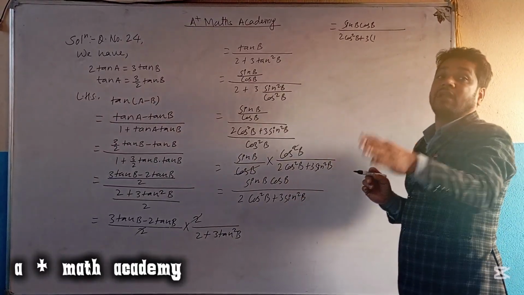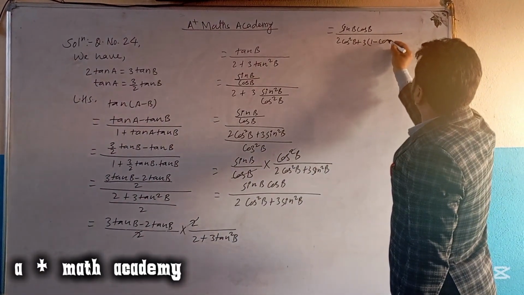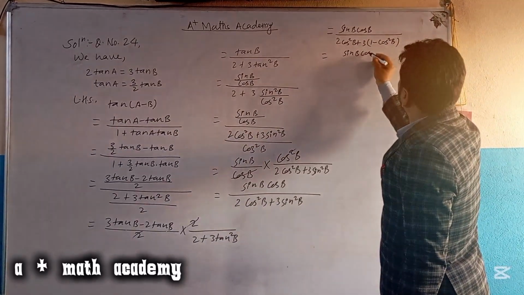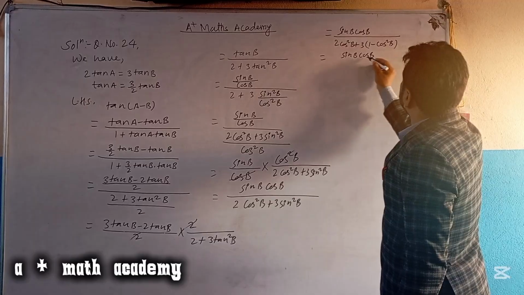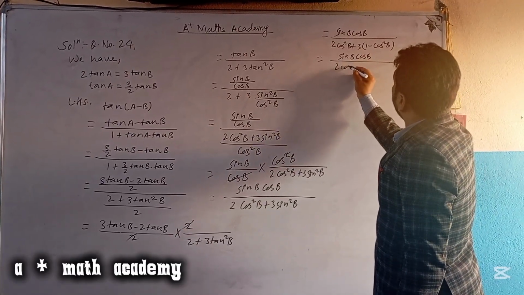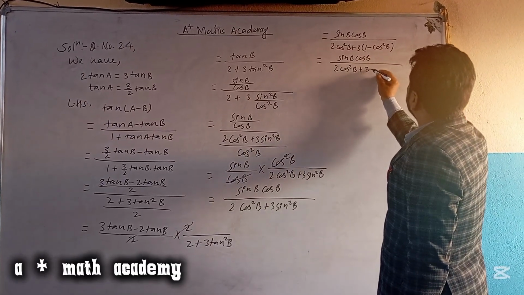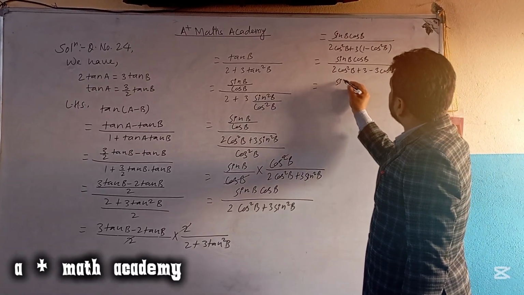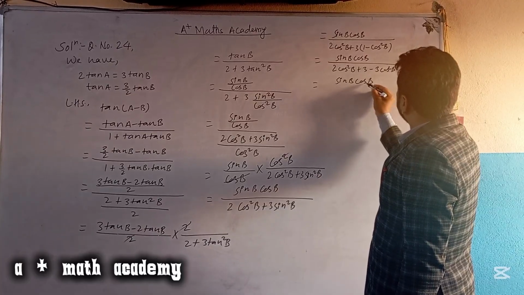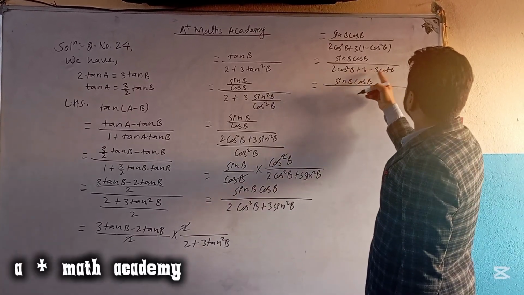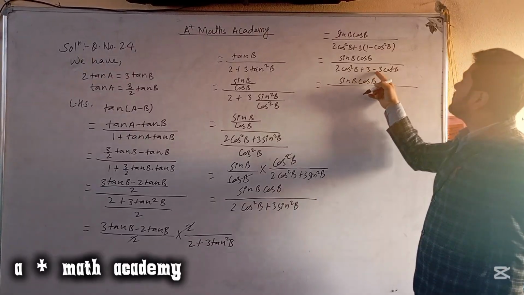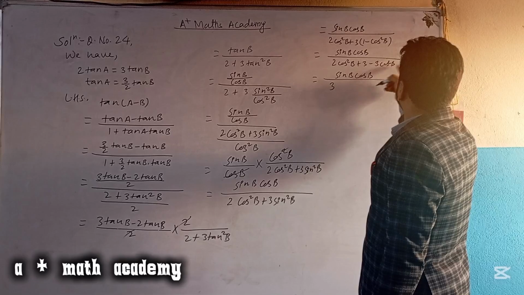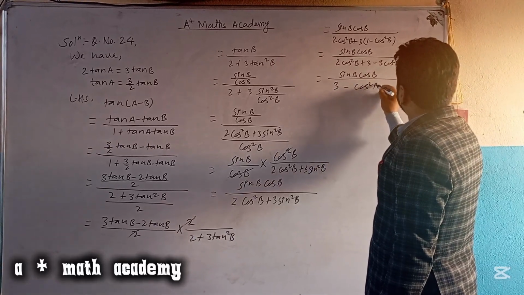Sin square B equals 1 minus cos square B. So sin B cos B whole upon 2 cos square B plus 3 minus 3 cos square B. So we can subtract it.